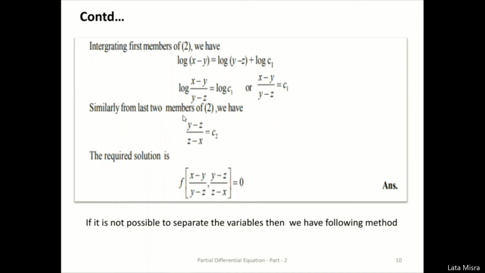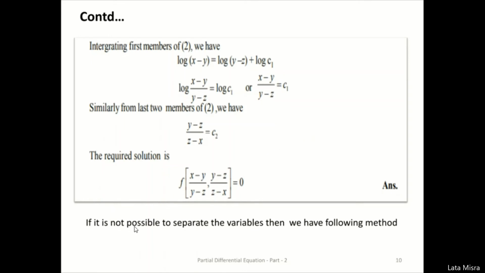Similarly, we solve the other two terms and we get (y − z)/(z − x) = c2, and write the solution as a function of u, v equal to 0. So this is Lagrange's method when the variables can be separated easily.